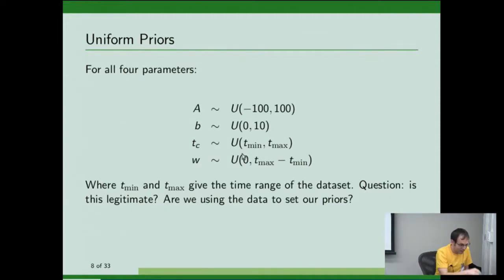So the other thing I wanted to just point out here with this prior for these two time axis related parameters is that I've actually used something that would come in a data file in order to assign those priors. It seems like I'm using the data to assign those priors.